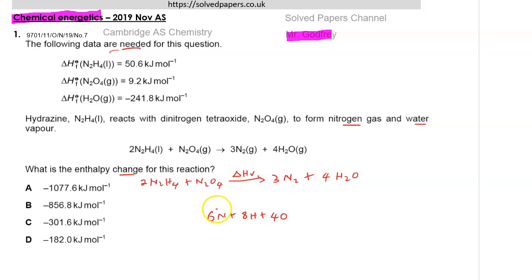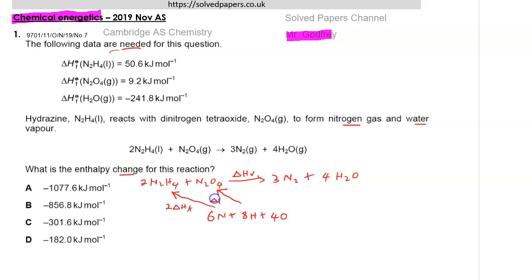Okay, so you can get to hydrazine when 4 nitrogen atoms combine with 8 atoms of hydrogen, and this will be the enthalpy change of formation of hydrazine. Of course, there are 2 moles there, so you include the 2 moles. You can get to dinitrogen tetroxide, which is 1 mole.